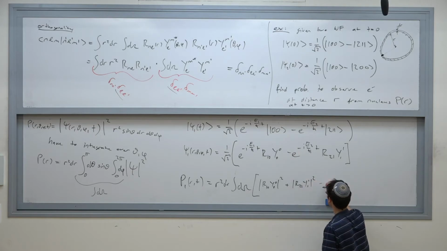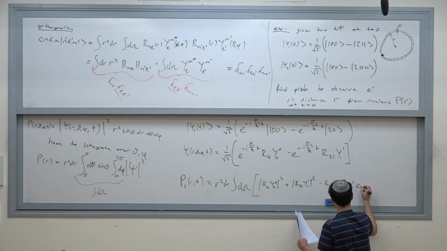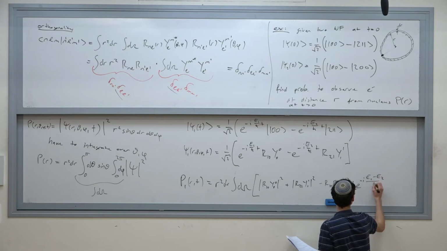A minus sign, which is this times this, and then the complex conjugate, right? So there was R10, R21, Y00, and then the complex conjugate of this one is Y11 times e to the minus i (E1 minus E2) over h bar t.